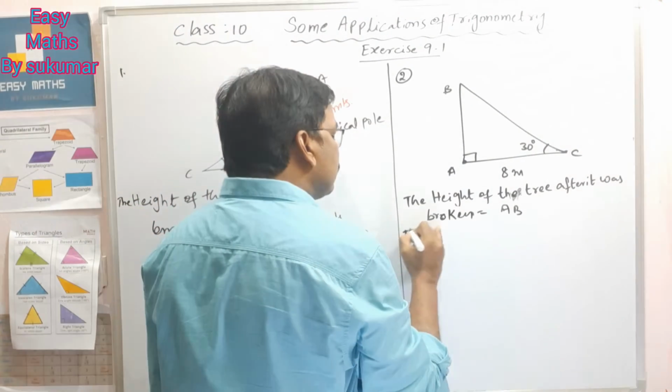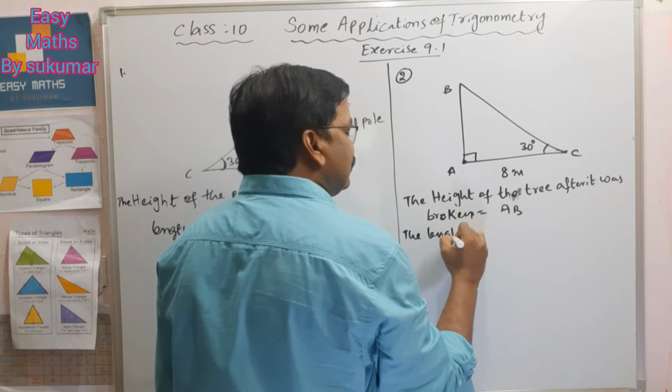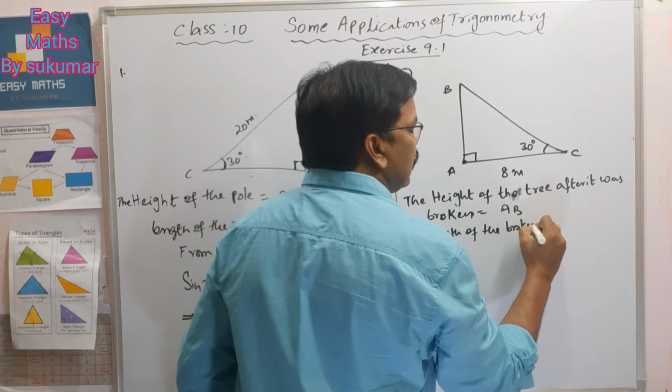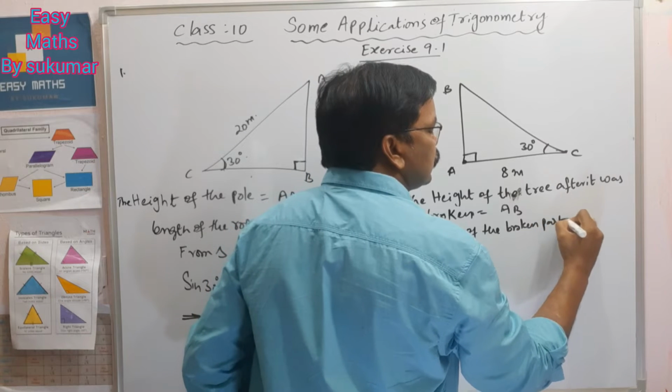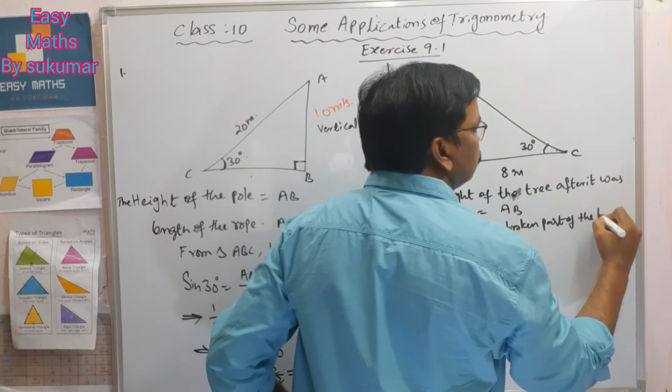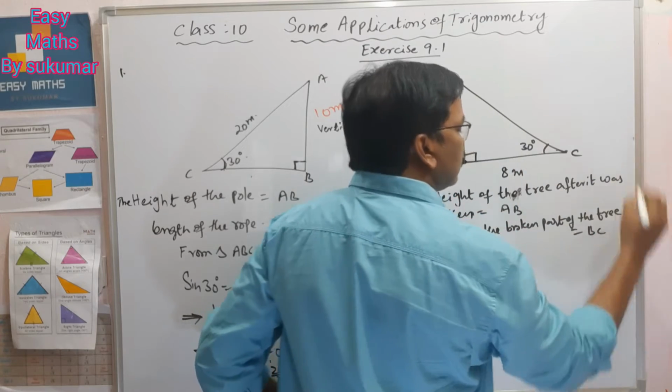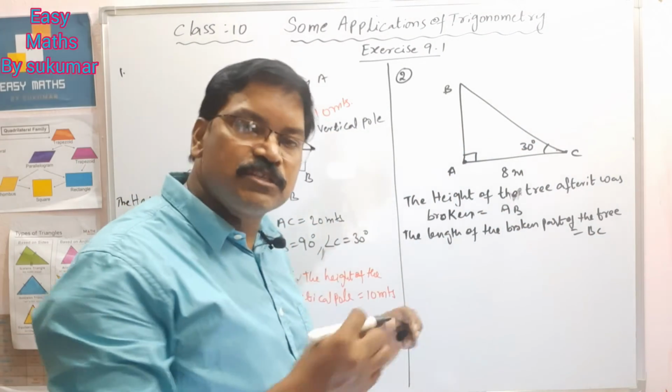What is the length of the broken part of the tree? BC. The length of the broken part of the tree is BC.